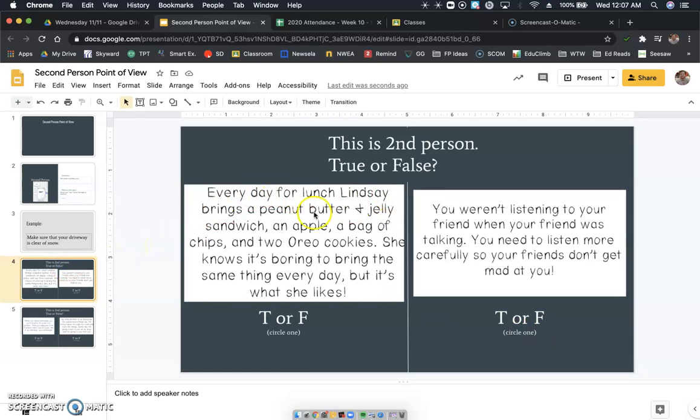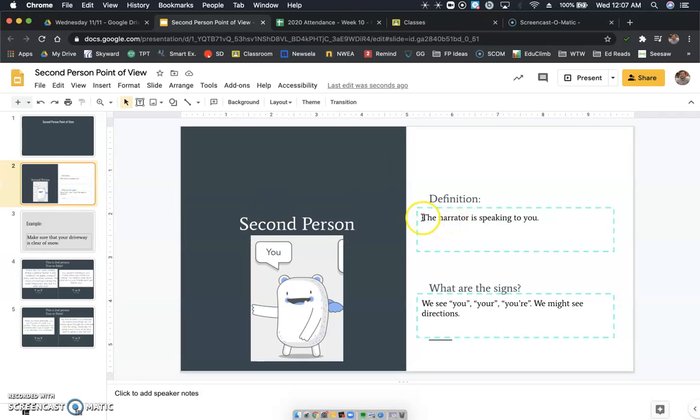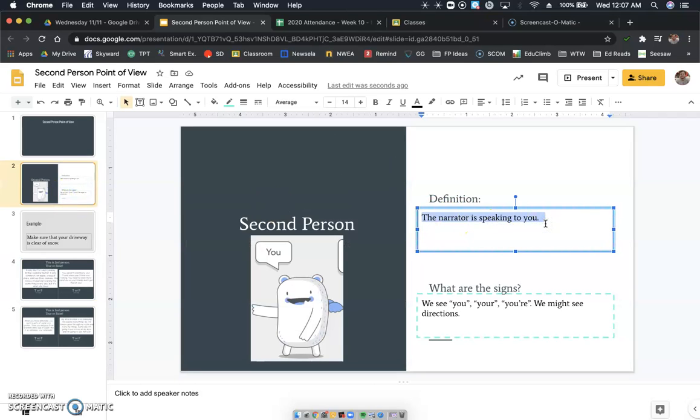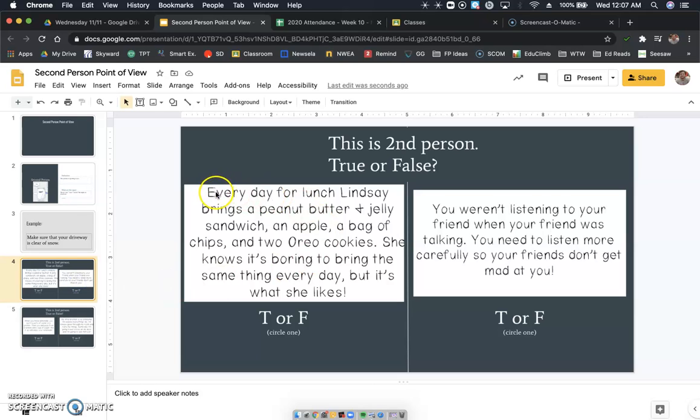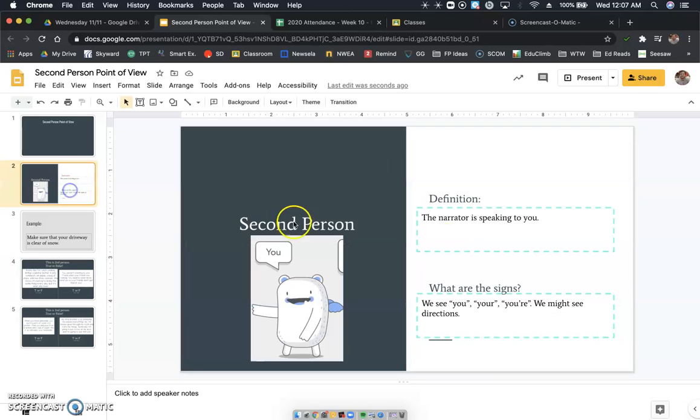Every day for lunch, Lindsay brings a peanut butter and jelly sandwich, an apple, a bag of chips, and 2 Oreo cookies. She knows it's boring to bring the same thing every day, but it's what she likes. The first thing we should be looking for here is the narrator speaking directly to us. It looks like the narrator is just describing Lindsay's lunch, so it does not sound like it's speaking to us.